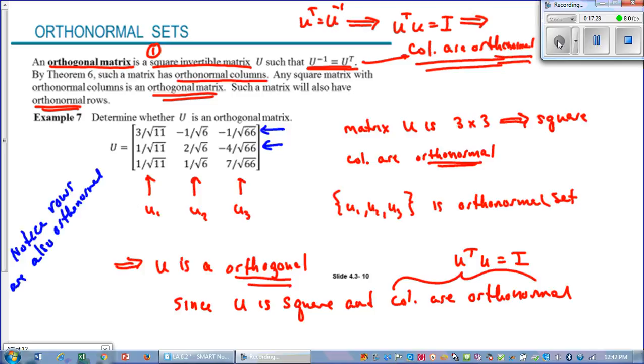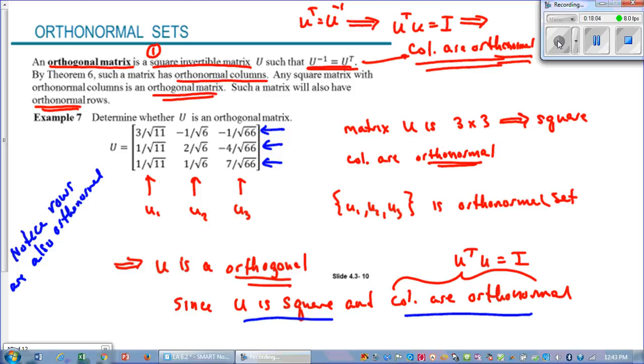So we had that U was an orthogonal matrix, and that meant that U was a square matrix and the columns were orthonormal, which is equivalent to the fact that U transpose times U is equal to the identity. So now notice also, just a consequence of that is that the rows are also orthonormal. If you check each of the row entries and take their magnitude, they will be length 1, and you'll see also that the dot product of two distinct ones will be orthogonal.